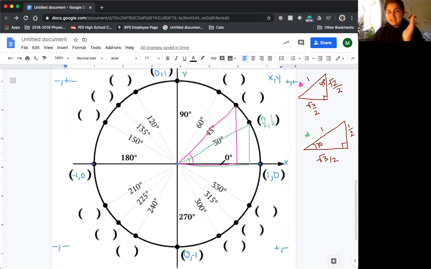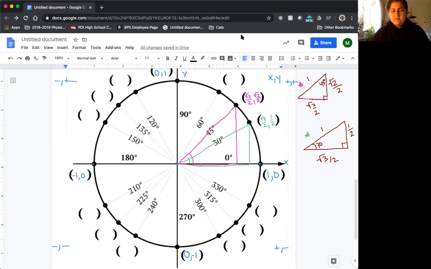It's moving on the x-axis, then this has to be root 2 over 2, right? Because it looks just like this side right there. Well, if that's root 2 over 2, then my y value, right, because this is a 45, 45, 90, has to be the same. So this is going to be root 2 over 2.